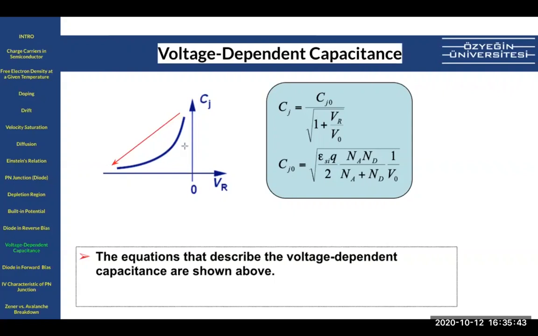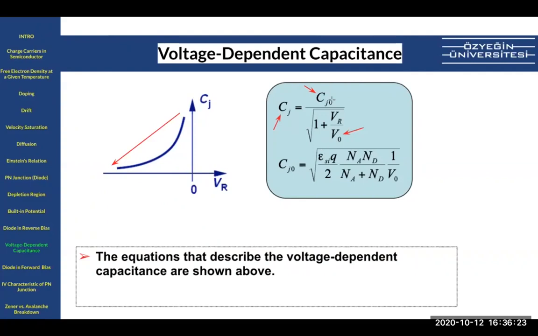And because the capacitance goes down, we can formulate it such that CJ0, the capacitance at voltage 0, is a constant, and CJ is that constant divided by 1 plus VR over the built-in potential V0. And this shows you the formula for the capacitance of this PN junction.